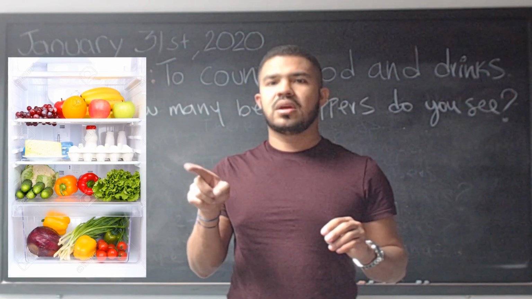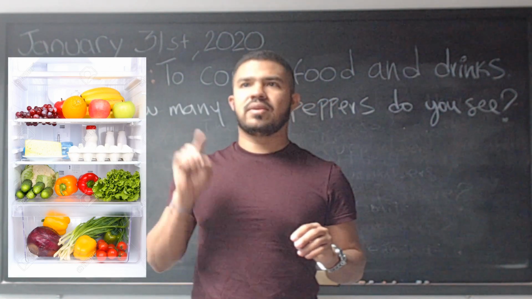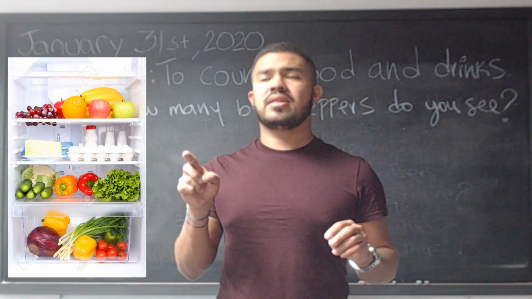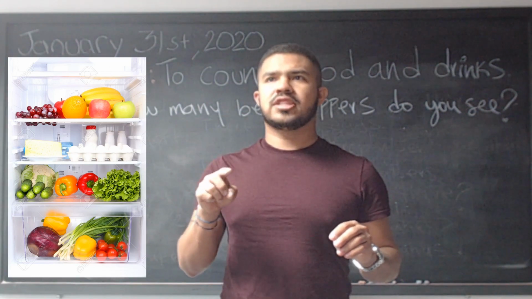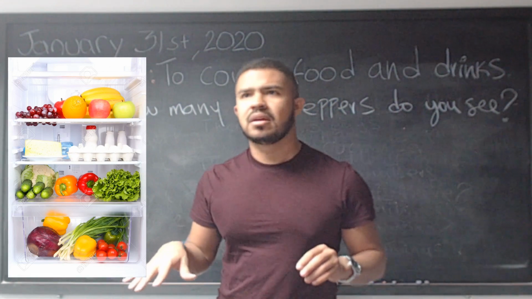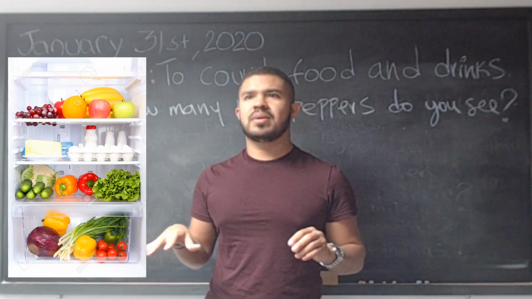You see those? Those are bell peppers. The green ones, no. The red big ones, right? And the yellow ones, because there are some at the bottom. There are some red ones, and I think those are tomatoes.